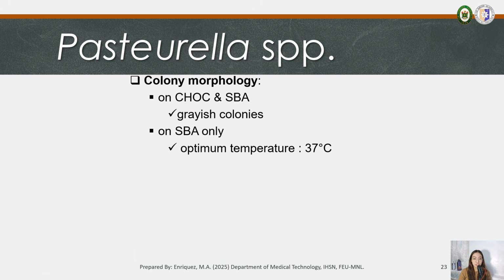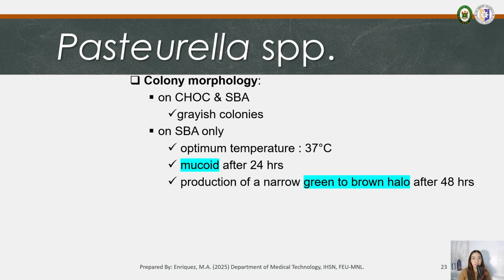The colony morphology of Pasteurella on sheep blood agar appears mucoid after 24 hours of incubation, and after extending the time to 48 hours, the colonies would then produce a green to brown colored halos, as we can see right here on this photo to the left.